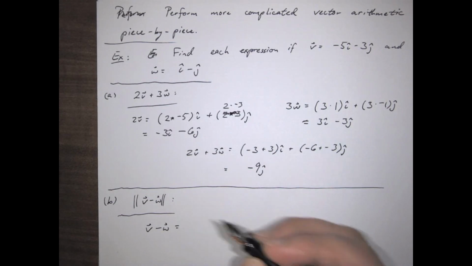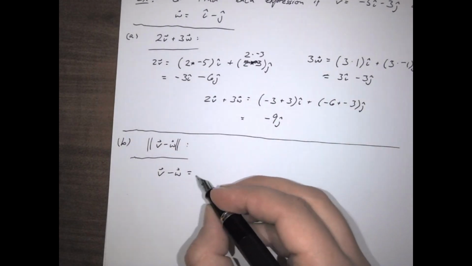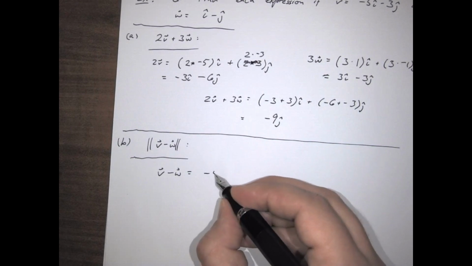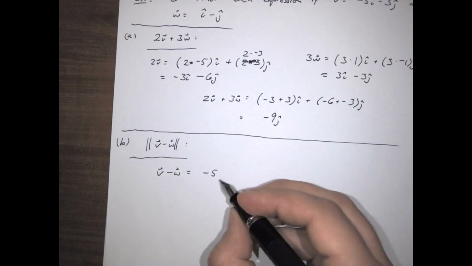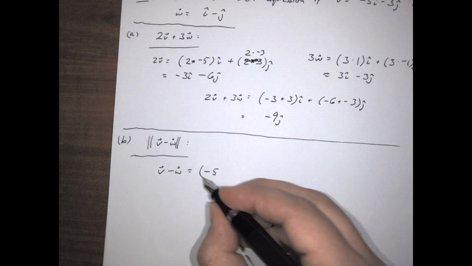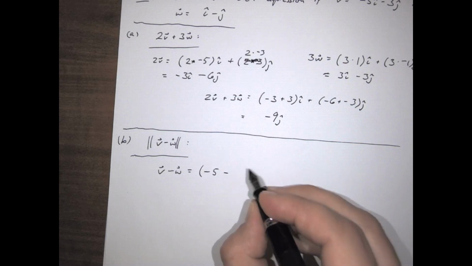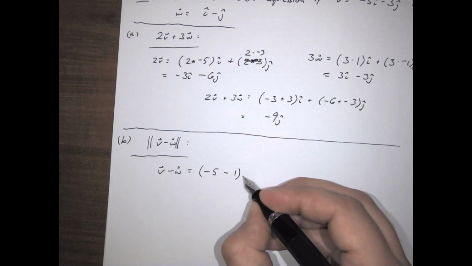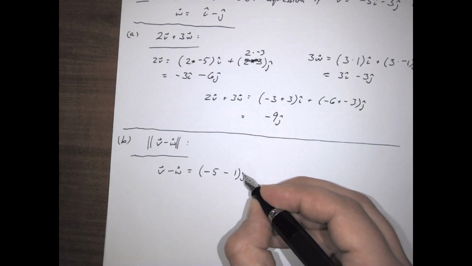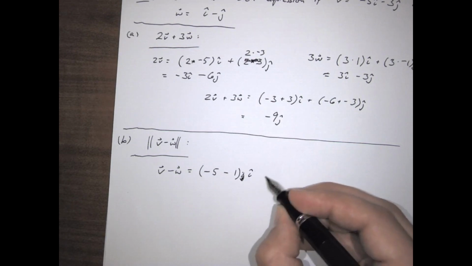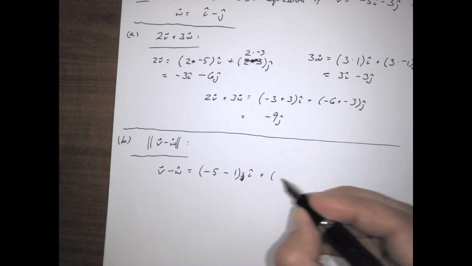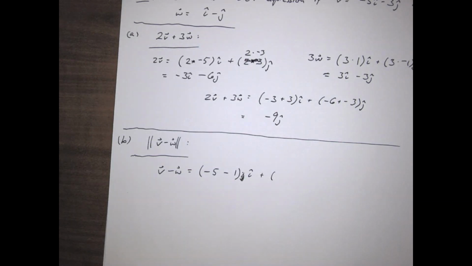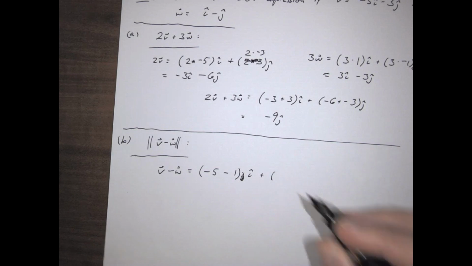So v minus w would equal negative 5 for the first component of v, minus 1 for the first component of w. And that's going to be i, plus, and then just do subtraction piece by piece here.